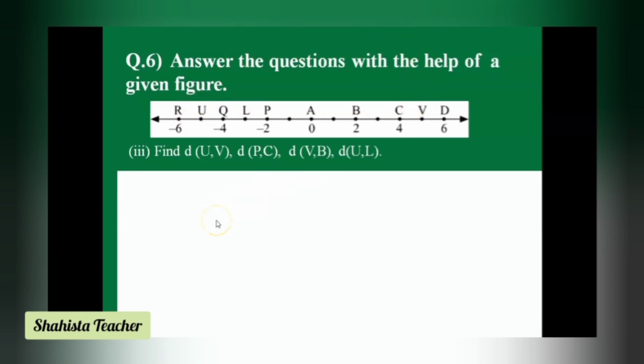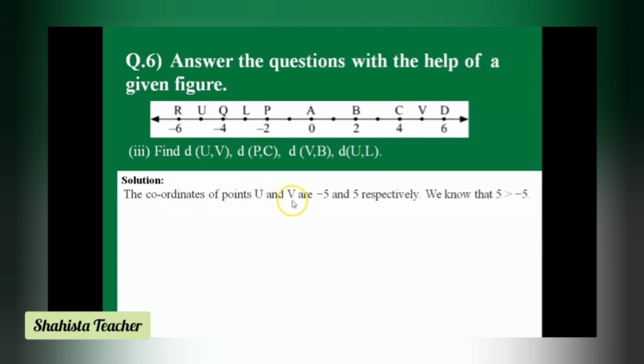We will write that the coordinate of U is minus 5 and the coordinate of V is positive 5 respectively, where positive 5 is greater than negative 5. We know that 5 is greater than minus 5.